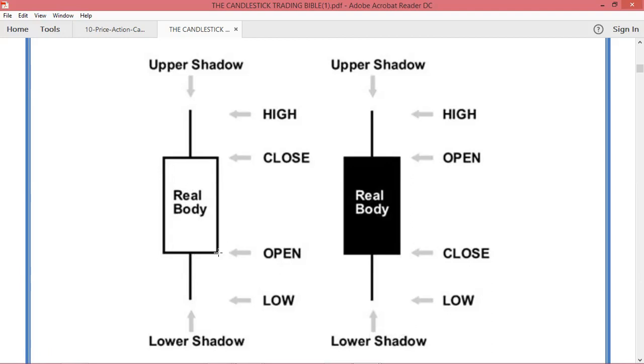So this shows me that sometime ago, there were sellers in this market and they pushed the price below the open price before. So the candlestick shows us a shadow that, don't forget, sometime ago, there were sellers in this market. So now the market starts pushing up and it got to this point of the high, and sellers came in again and pushed the market low again to this point.